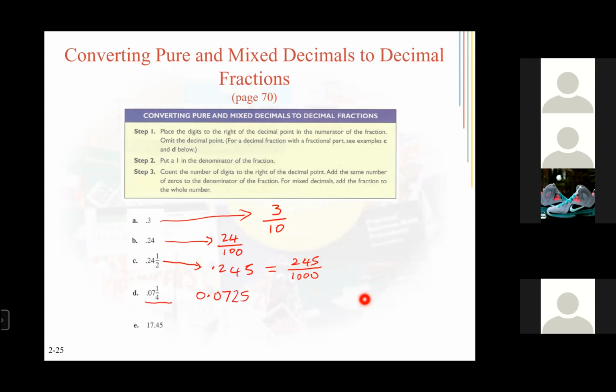And then that would be 725 over 10,000. Okay, 10,000, because you have 4 places after the point. So you're going to have 4 zeros there.